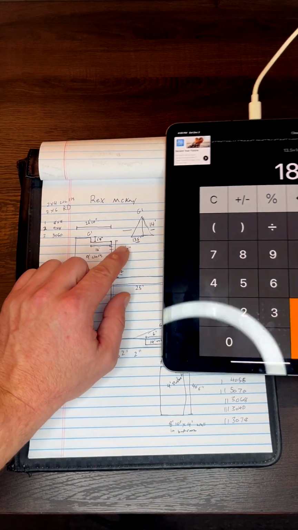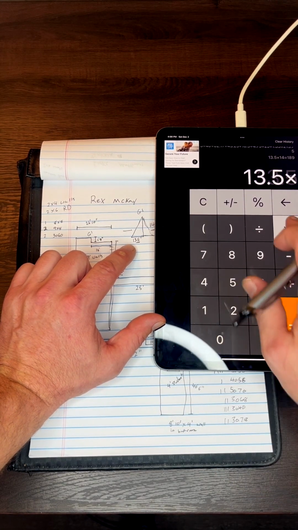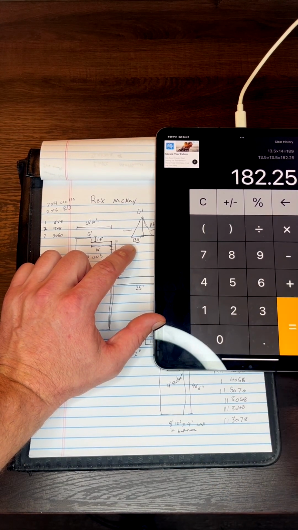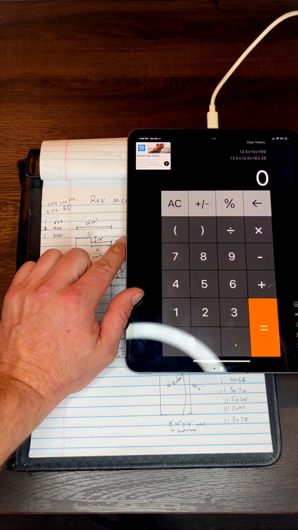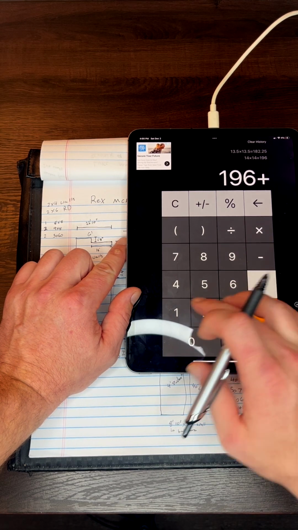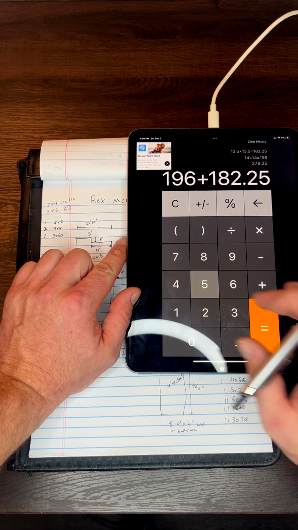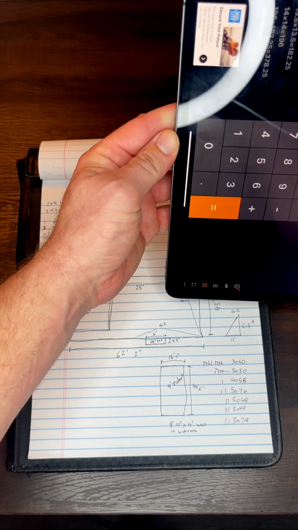Okay. And then C, to get that, 13.5 times 13.5, 182.25, plus 14... plus 182.25 equals. Now we need to get the square root of that.